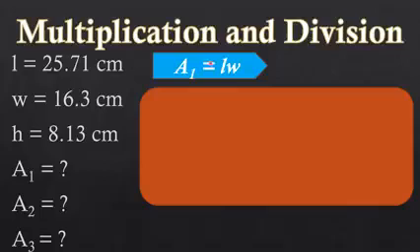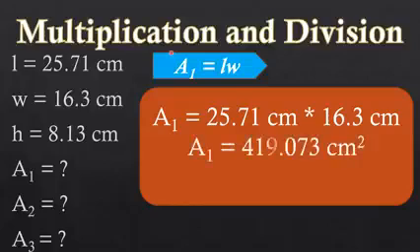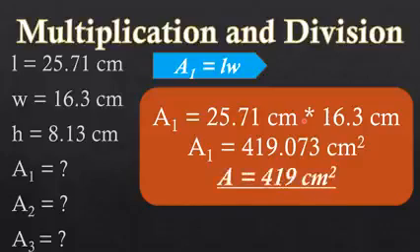So yung gagawin natin dito is to substitute the given. Yung L magiging 25.71, yung width magiging 16.3. And then multiply these two measurements, and it will give us 419.073 square centimeters. Again, recall that involve yung significant figures here.